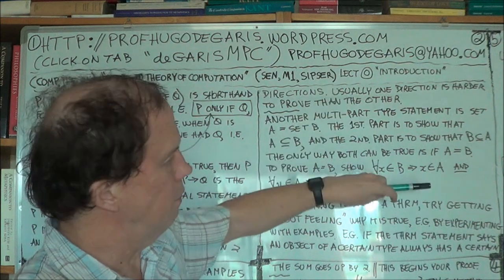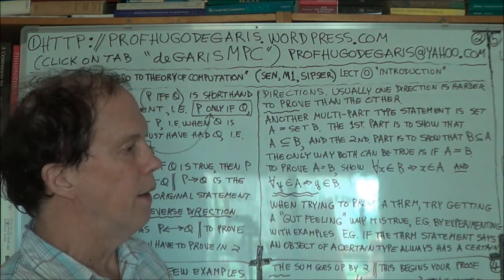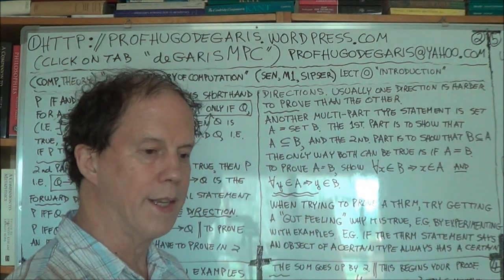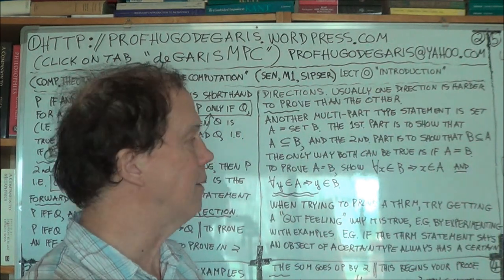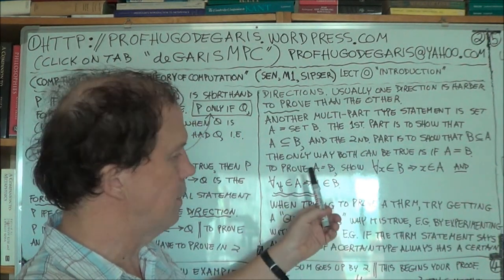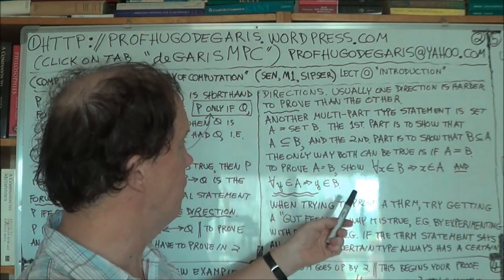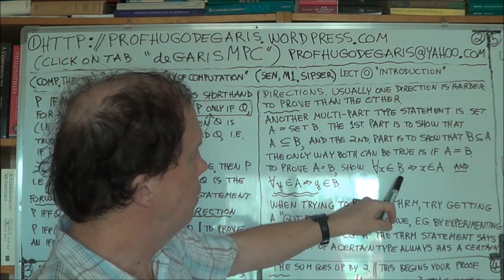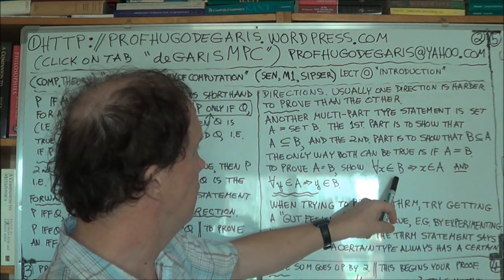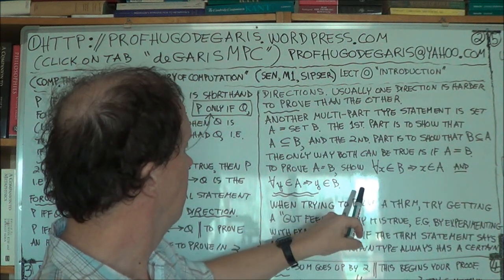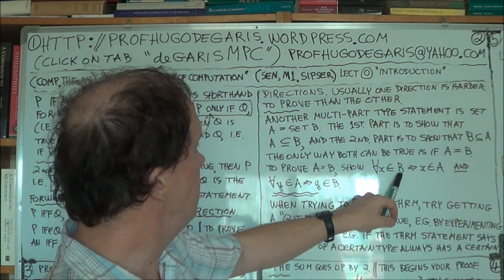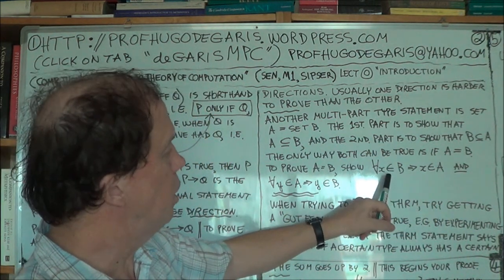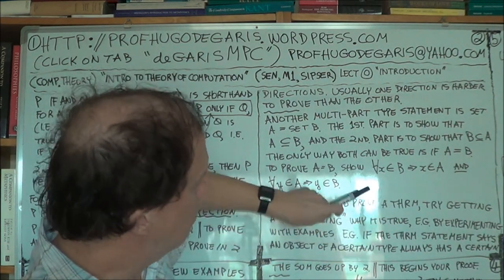Alright, so with that sort of grand strategy, how do you go about proving that a set is a subset of another set? How do you do that? Well, it's by definition of what a subset is, remember? So how do you prove that B is a subset of A, for example? Well, you show that every member of B, now remember this sign here?